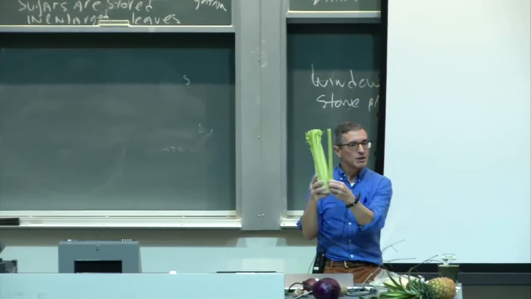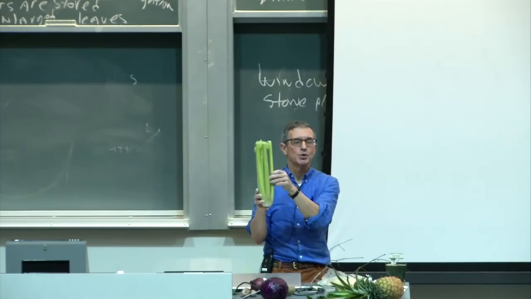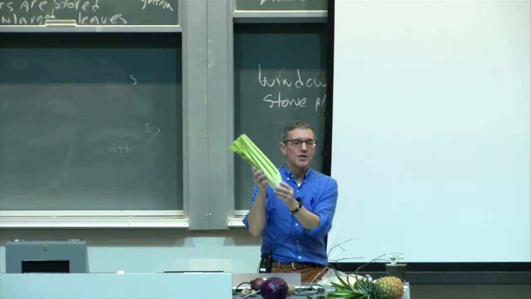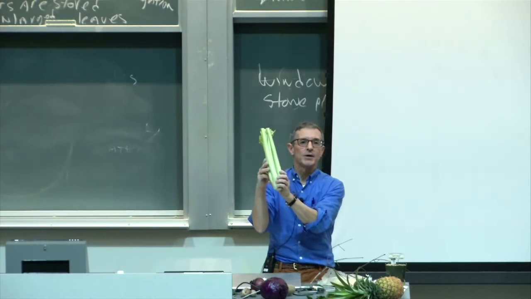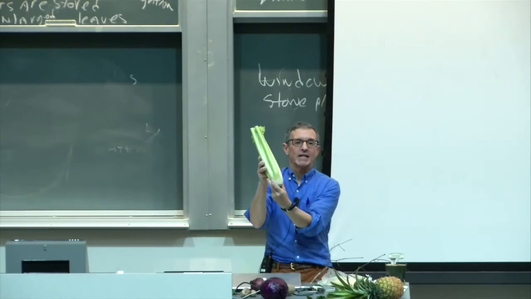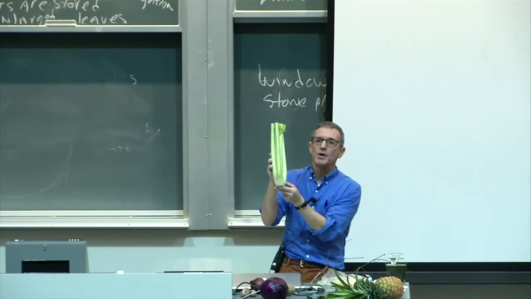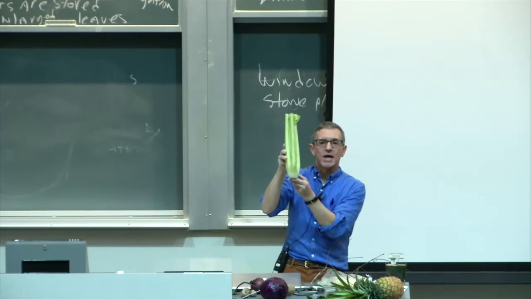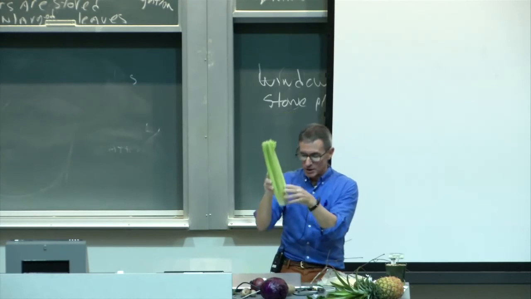In celery, each of these petioles represents the base of a leaf, each of the structures which you eat in celery. In celery, the internodes have not elongated, and so all of these petioles appear to be attached to the stem at one point. In fact, there's a small distance between them, but in general, you could say that there's little to no internode elongation in something like this particular stem.